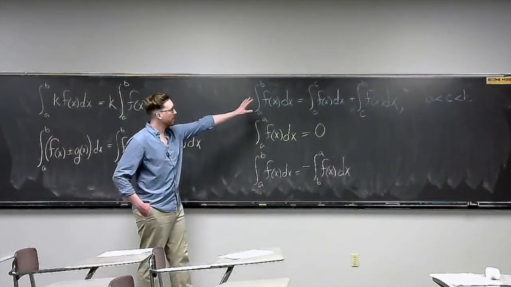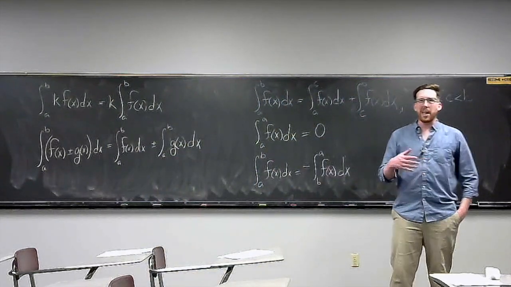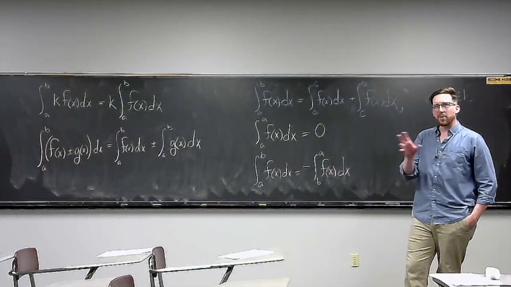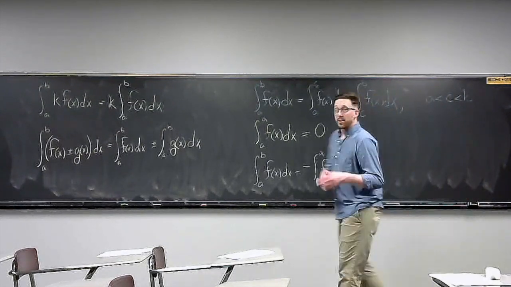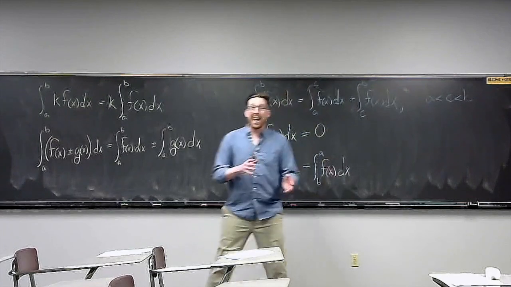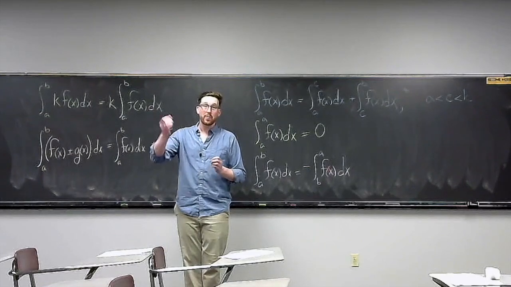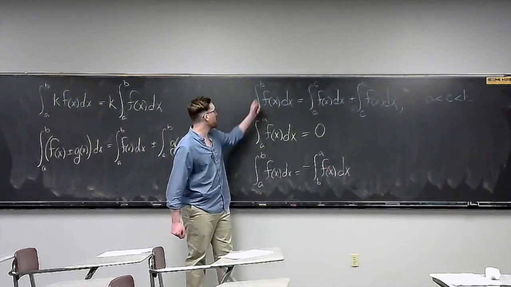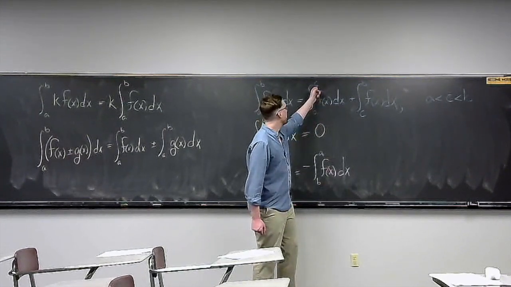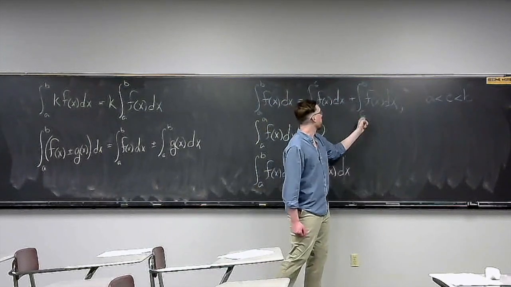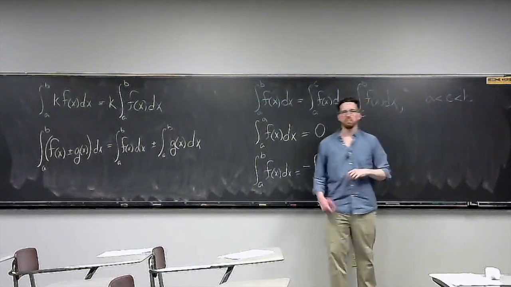So this first one at the top is just saying that if you're going to integrate something from a to b, and there's a value c in between a and b, you can integrate that function from a to c and add the integral from c to b and get the same thing. So we're integrating from a to b, and it's equal to the integral from a to c plus the integral from c to b, where c is in between a and b. That's all I'm saying.